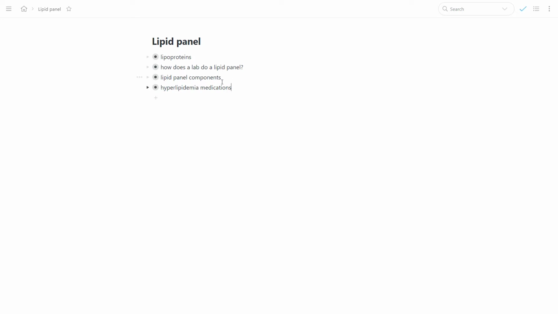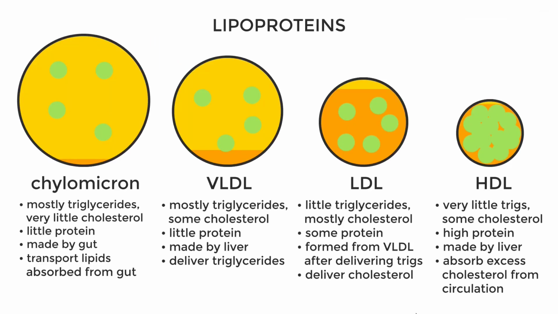So let's take a quick look here back at a slide we were just looking at. It would be prohibitively expensive if labs had to individually look at the levels of chylomicrons, VLDLs, LDLs, and HDLs. So what they do is instead take a kind of shortcut.